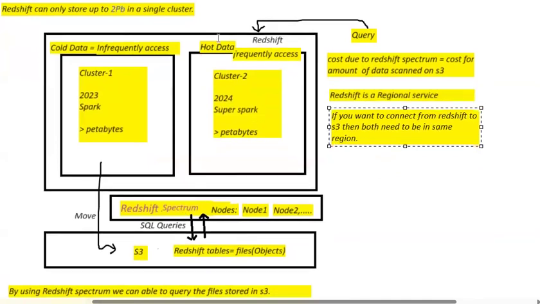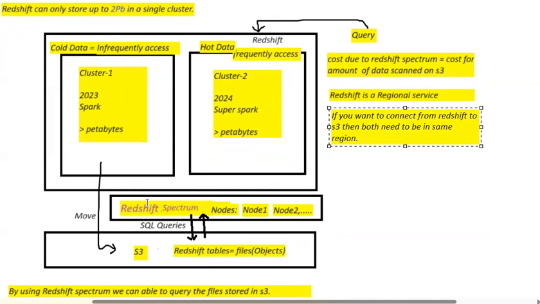If you want to connect from Redshift to S3, then both must be present in the same region only. Then only you can connect from Redshift to S3. If not, you cannot connect. So if both are present in the same region, then you can connect.